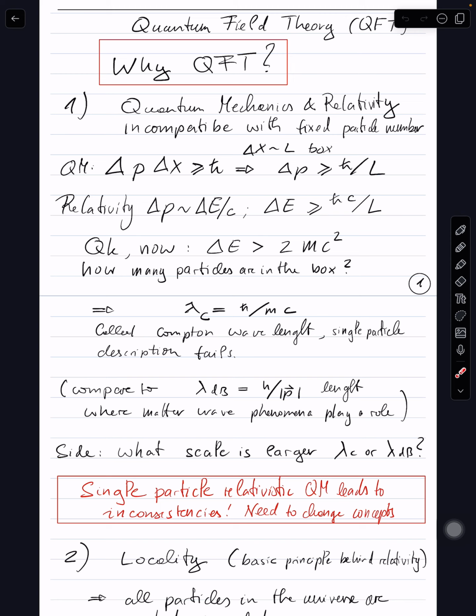So bringing relativity into the game and combining it with quantum mechanics tells us that there is an energy and corresponding length scale for a particle of a given mass m where its particle number is not conserved anymore.